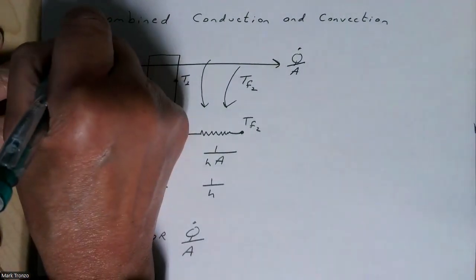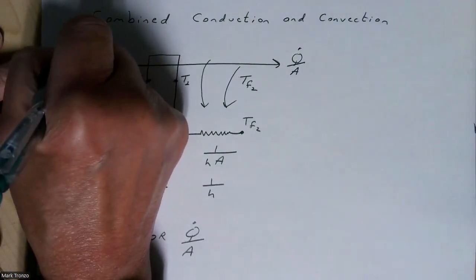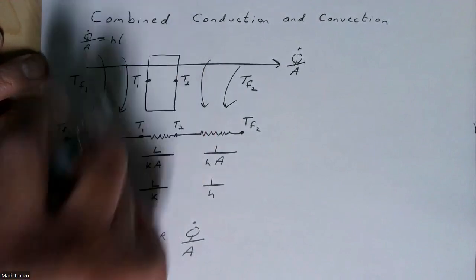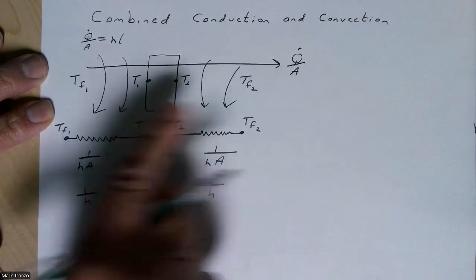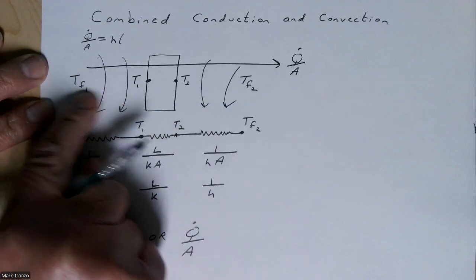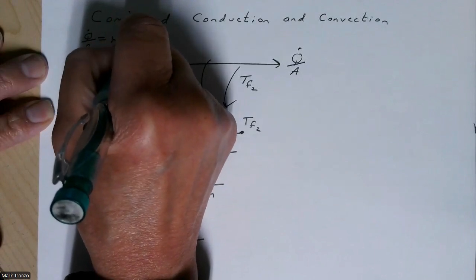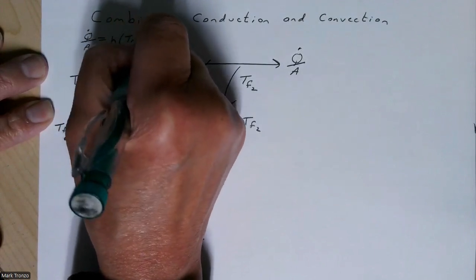So what I mean, like, let's say if we find, let's say, per unit area up here, Q dot over A is H, again, assume we're going this way. This is going to imply that this is bigger than this. So that's going to be TF1 minus T1.